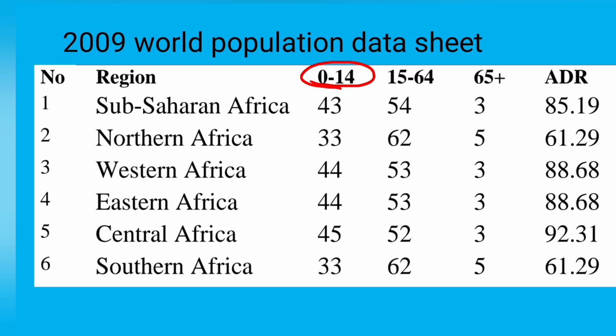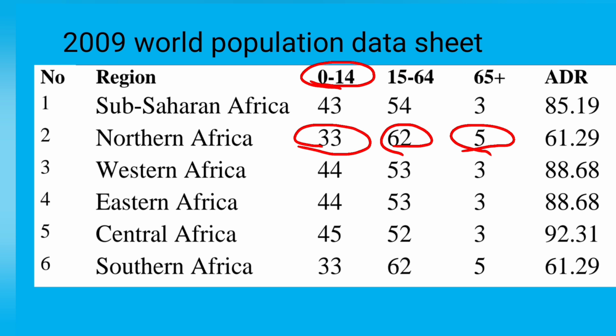Northern Africa has 33% aged 0 to 14, about 62% working force and 5% elders, whereas the age dependency ratio is about 61.3. Western Africa has 44% aged 0 to 14, and the working force is 53%.